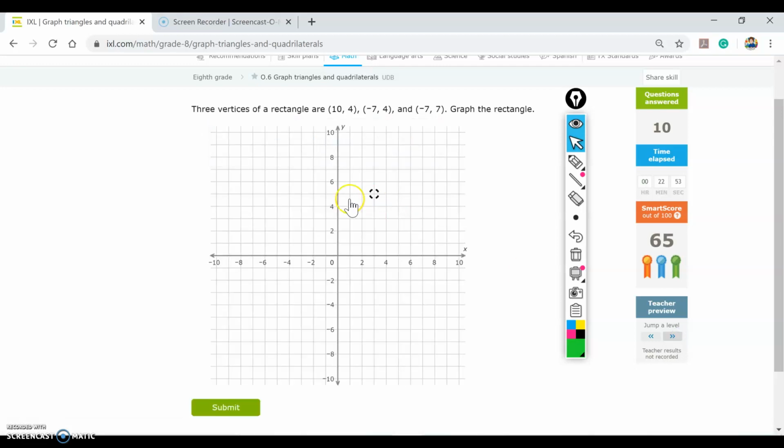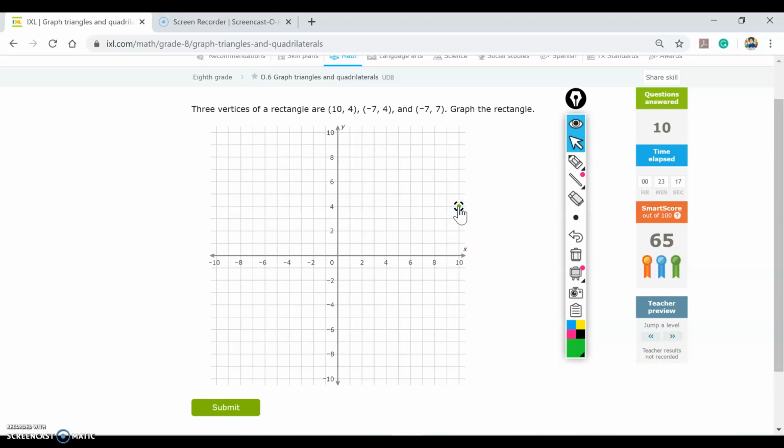This one. Ooh, fancy. On this one, I already have negative numbers. That's why I want to do this one. And look, I'm on the 65s. So maybe when you're on the 60s, it's going to start giving you the first couple of questions with negative numbers. It says three vertices of a rectangle are 10, 4, so positive 10 and positive 4, which is right here.